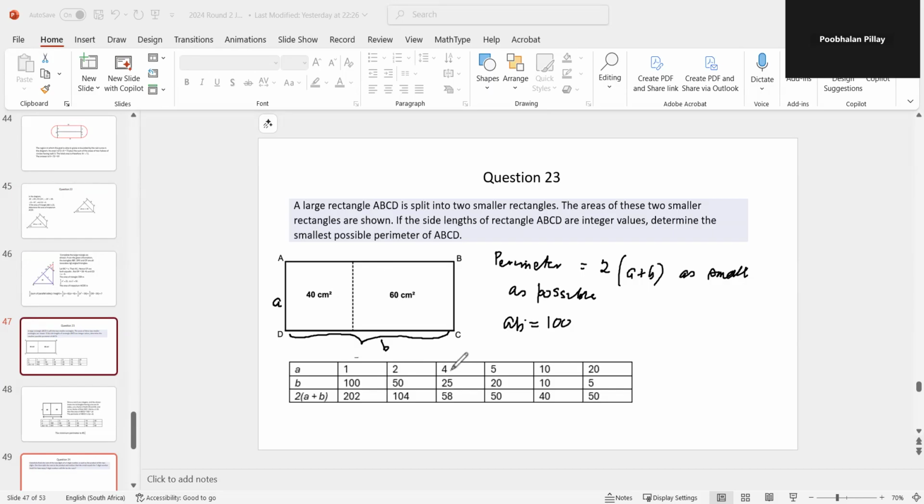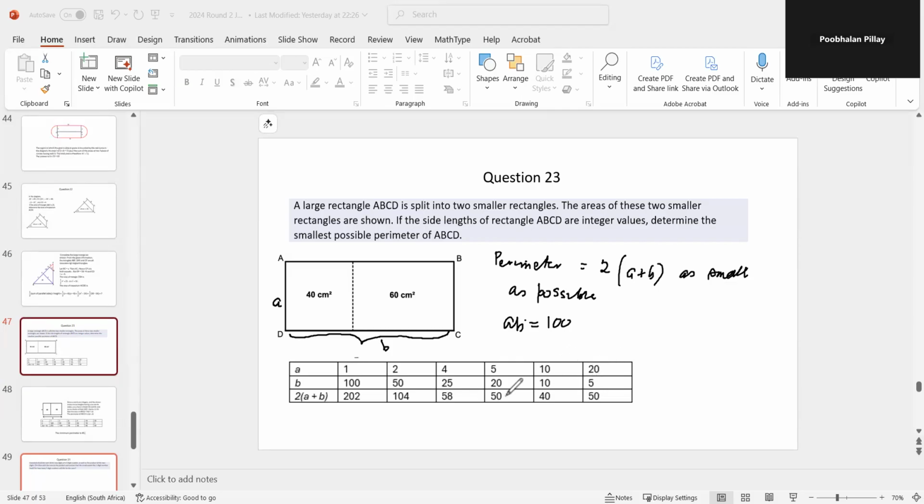4 goes exactly into this, 4 times 25. 5 also goes into this, 5 times 20. But after that, none of 6, 7, 8, 9 goes, but 10 goes, and it's 10 times 10. It's a perfect square. The next factor is 20, and 20 times 5.